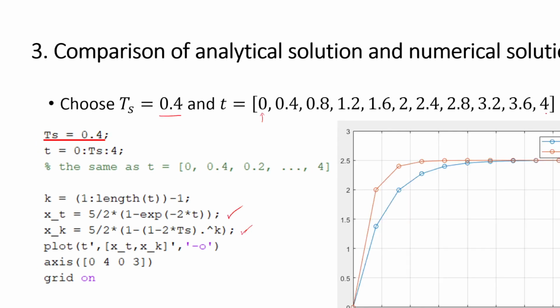Okay, now you can see the gap between these two curves, right? The gap, because the red one is just an approximation of this blue one, and this is for 0.4 second of sample time that I chose.